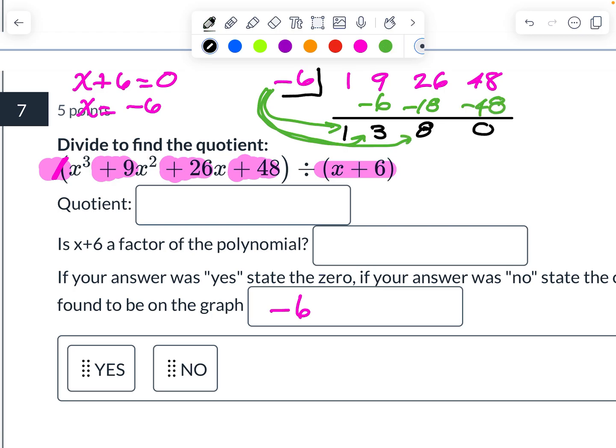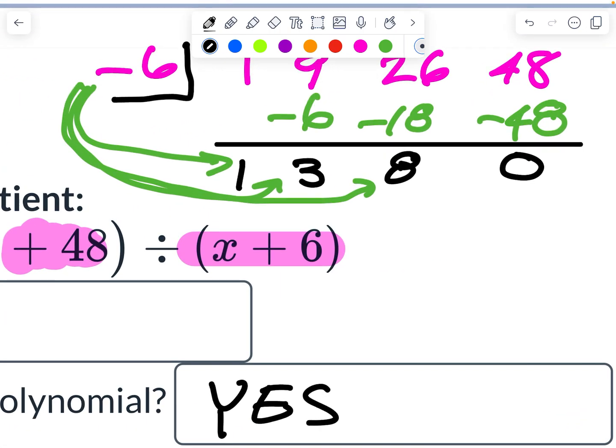And this is 0. So this answer is yes. And this answer remains -6. Then all I need to do is write my quotient. And my quotient is x squared plus 3x plus 8.